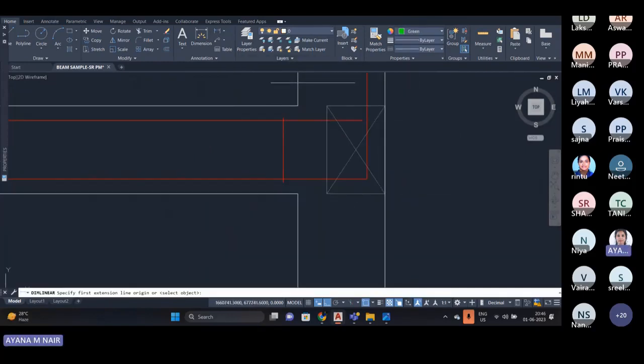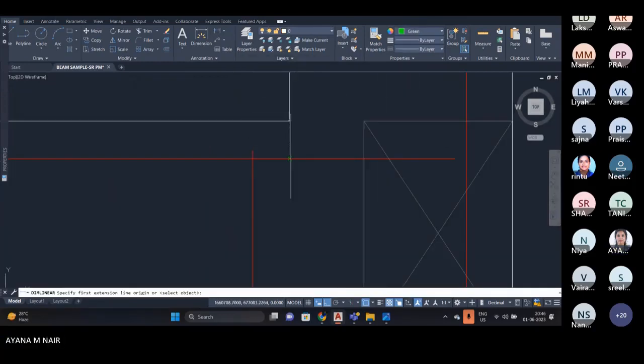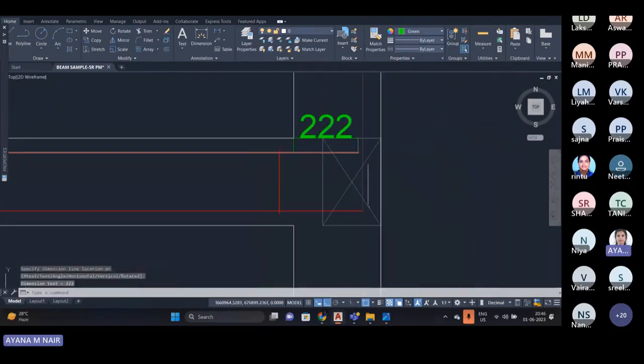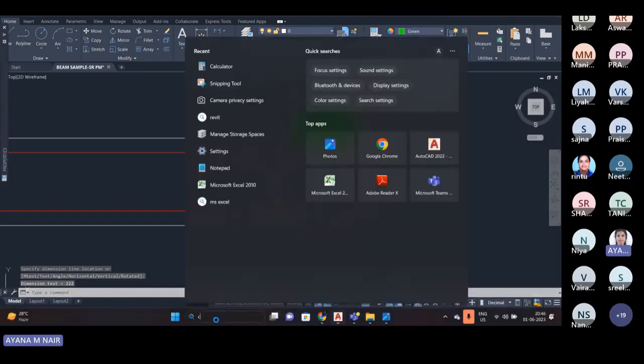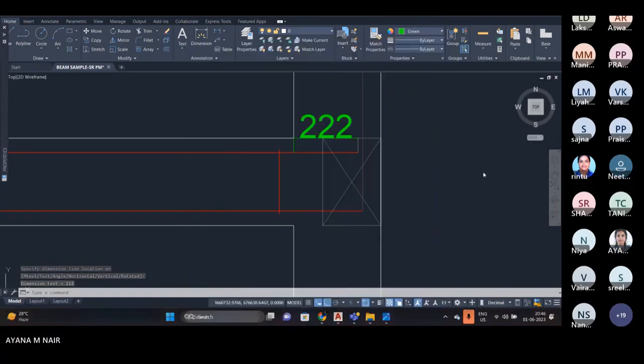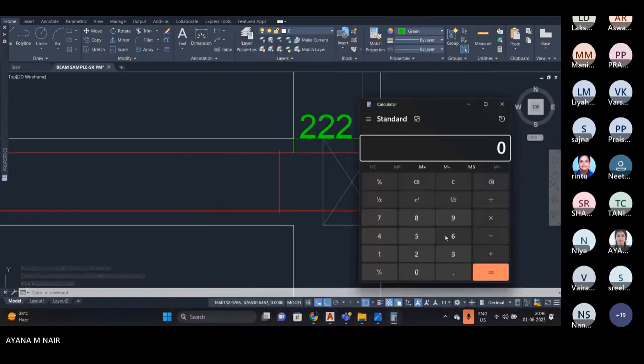And now you have to measure this. It is 222. So the rest is 725 minus 222, which is 503.